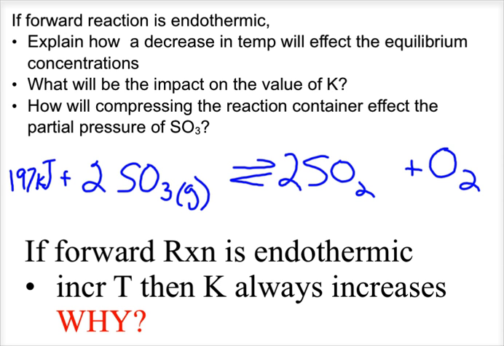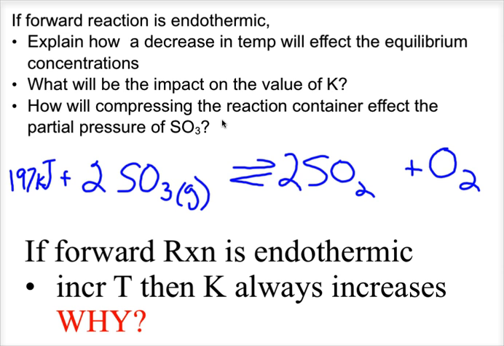As the temperature increases, the system will adjust to compensate for that increase in temperature by allowing the forward reaction to occur at greater frequency than the reverse reaction. So more products are produced, fewer reactants are present when the system readjusts. So now the ratio of products over reactants is a larger value, and thus the value of K, products over reactants, has increased.